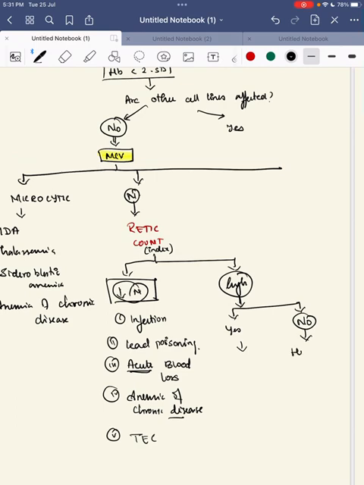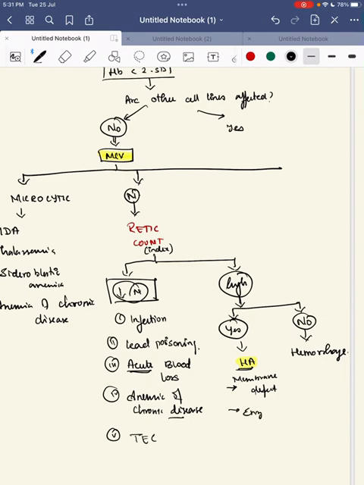When there is no hemolysis, you have to look for hemorrhage. When hemolysis is present, it is a hemolytic anemia. In the earlier etiological classification, I told the reasons for hemolytic anemia. It can be due to membrane defect: hereditary spherocytosis, elliptocytosis, or stomatocytosis.